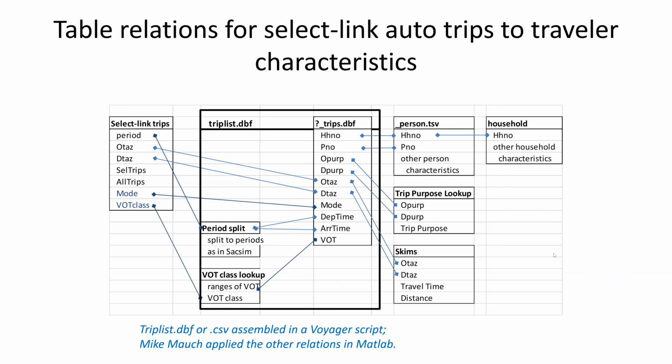You're bringing in the select link trips and relating them to the trip list. And then you can also look up the person and the trip purpose or trip characteristics. You can even bring in skim data for measuring travel time and distance related things.